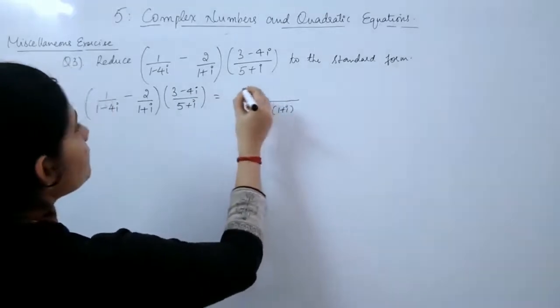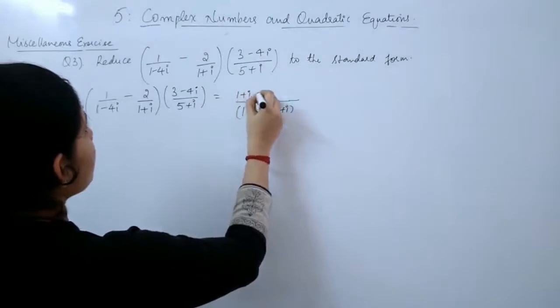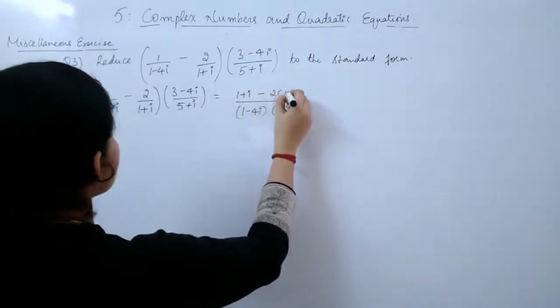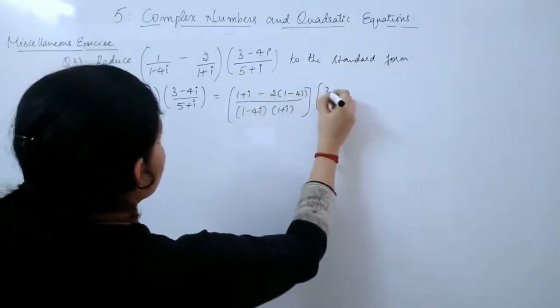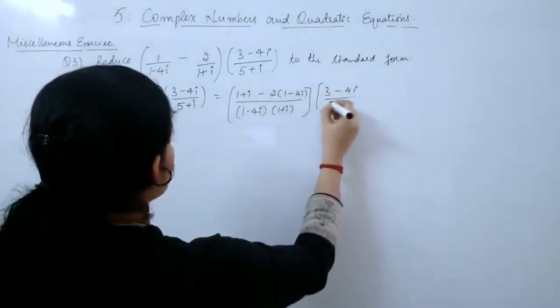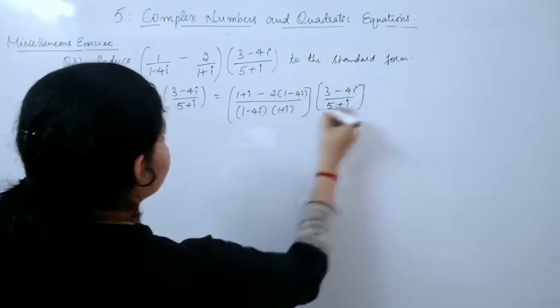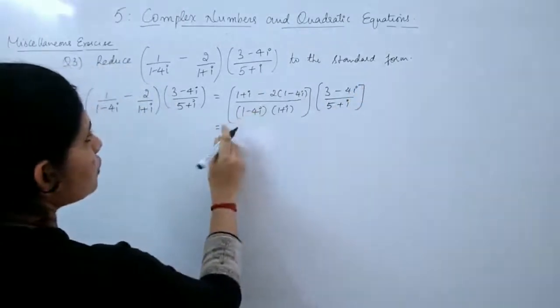Numerator will become 1 plus i minus of 2 into 1 minus 4i into 3 minus 4i divided by 5 plus i. Now what will this give you?